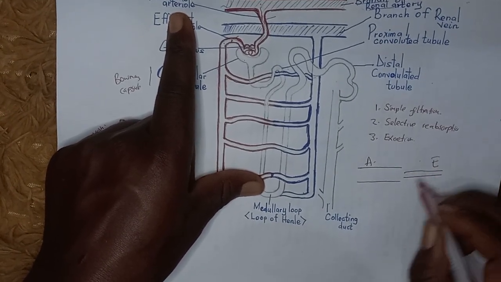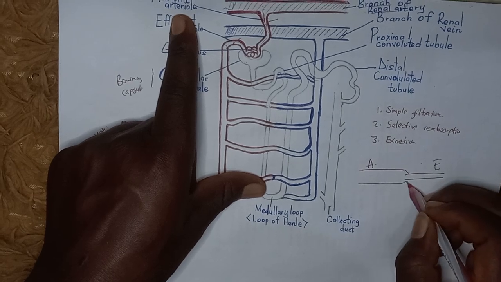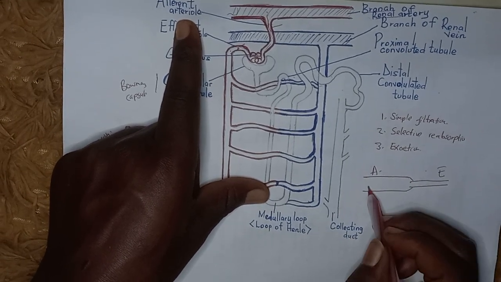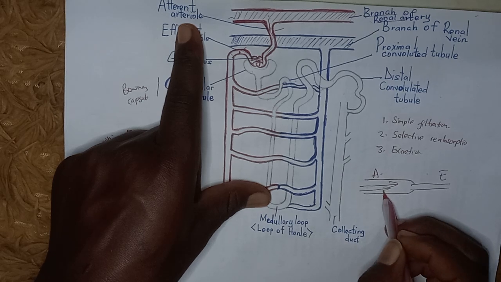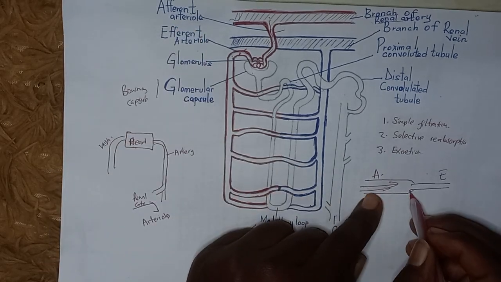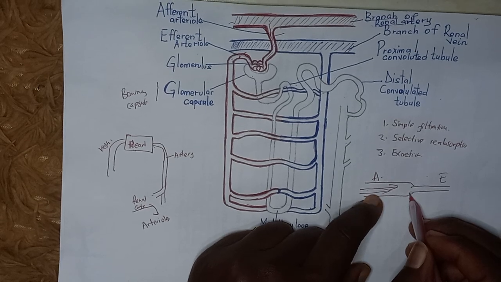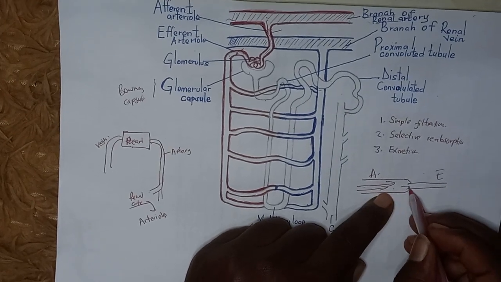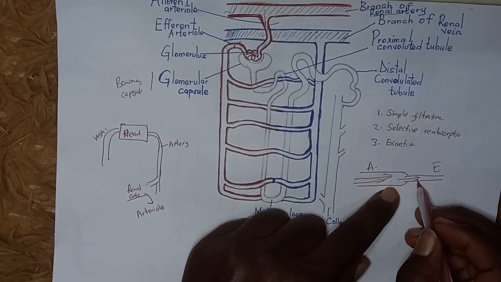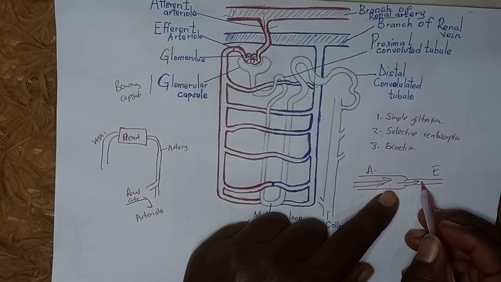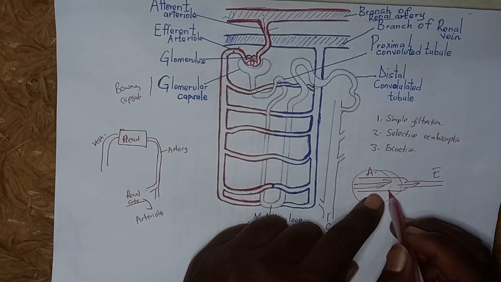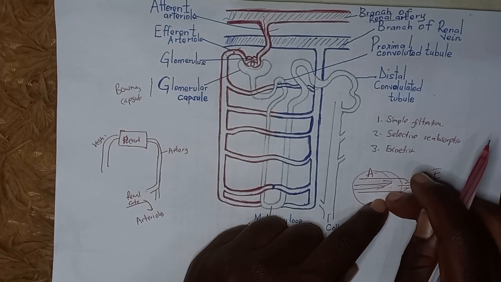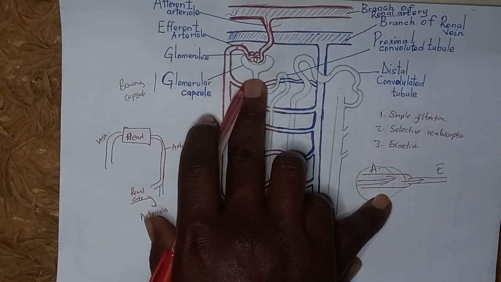As you can see here, when blood is moving in this direction, there will be some blockage, but some blood will pass through. So it means this blood at this point has a slightly higher pressure, which will cause the ultrafiltration.